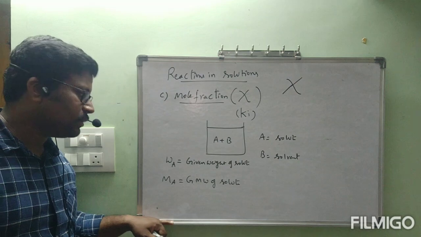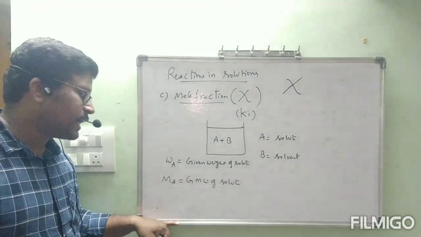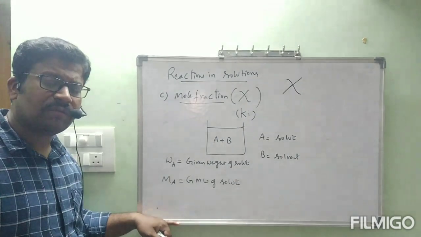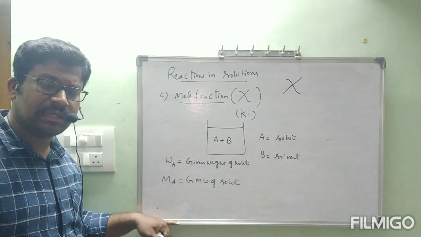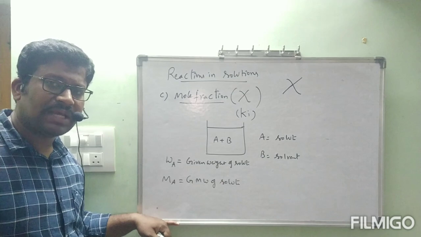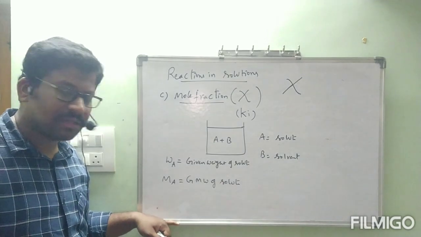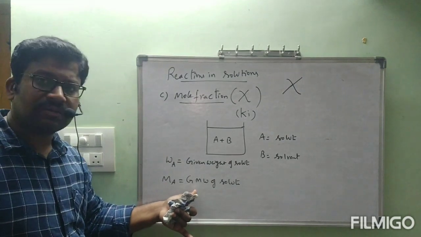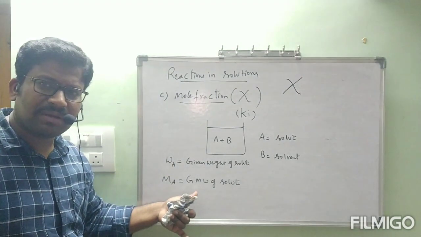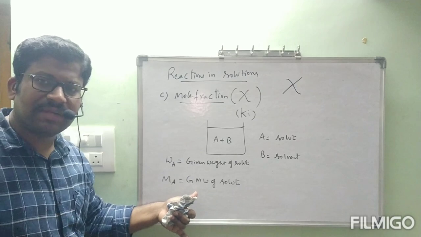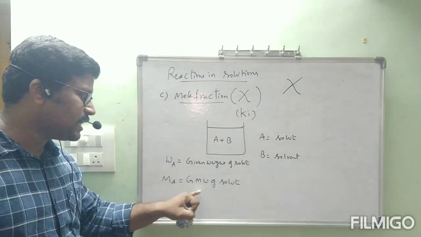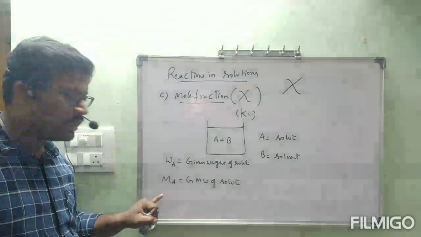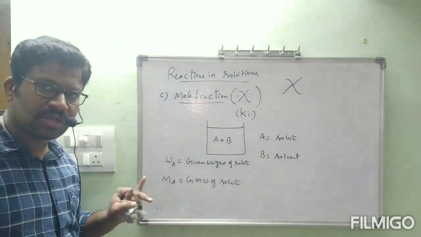Wa is the given weight of solute. Capital Ma is the gram molecular weight of solute. Please don't confuse this capital M with molarity. The capital M in molarity is different. Here capital M is nothing but gram molecular weight of solute. Writing gram molecular weight of solute completely every time is difficult, that's why we simplify it as capital M. Everywhere I will mention it, so don't confuse it.